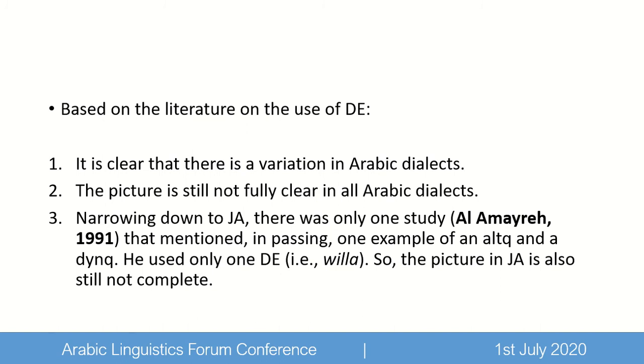If we narrow down our study to Jordanian Arabic, there was only one study, by Al-Amairi, that mentioned in passing one example of an alternative question and one example of a disjunctive yes-no question, and that example used only one DE, which is willa, so the picture is still not clear in Jordanian Arabic. And in order to make the picture clearer, we conducted a corpus study, a corpus search for DEs.